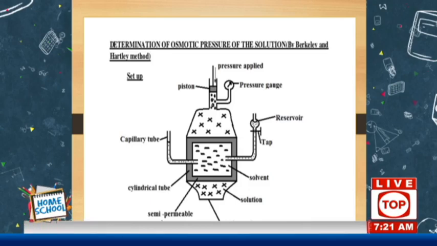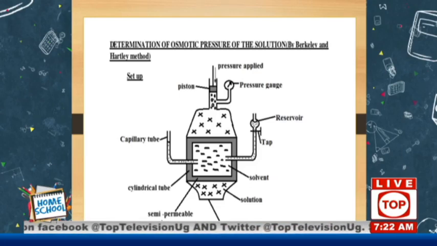Don't define reverse osmosis by starting with words like opposite movement. People will not understand that, okay? Define it in a proper way: movement of water from the solution side to the solvent through the semi-permeable membrane, when too much pressure is applied on the solution side, okay?